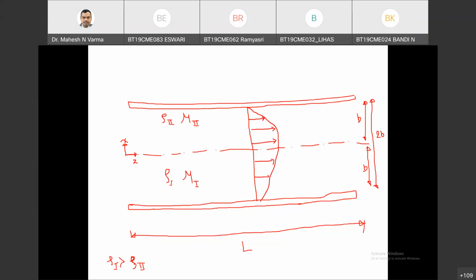Okay. So anybody else? Why is the velocity profile not like this? This will be zero and maximum velocity is at the center and then this will be zero here. Or say I will draw here.